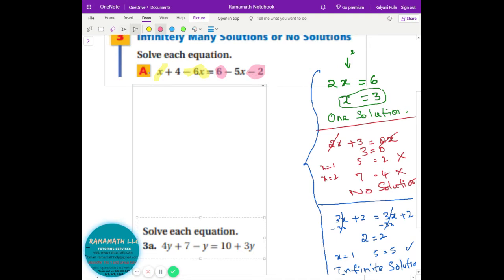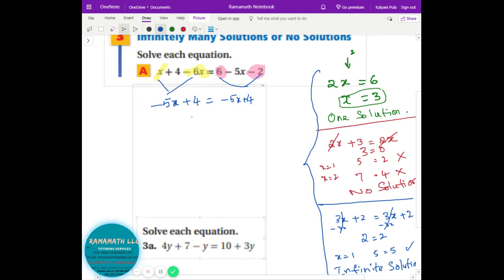So that gives me -5x plus 4 equals, here I'm going to combine these two, 4 -5x.